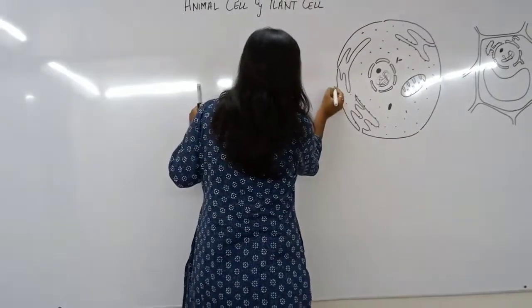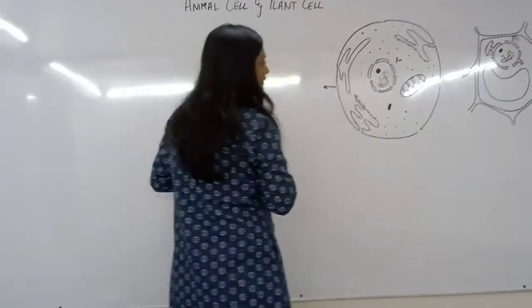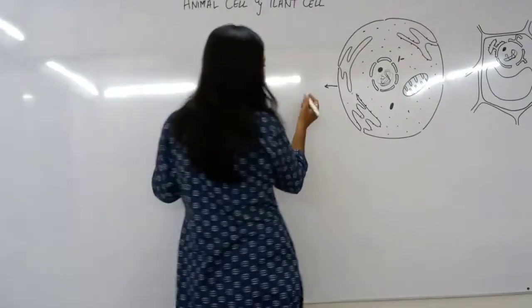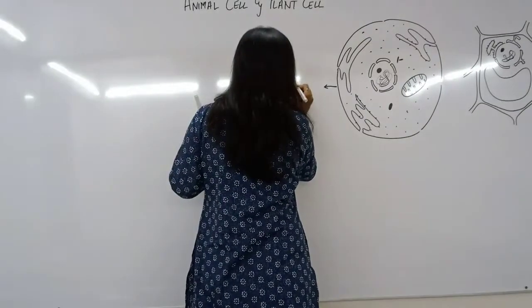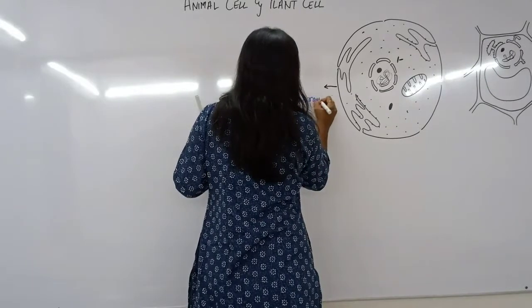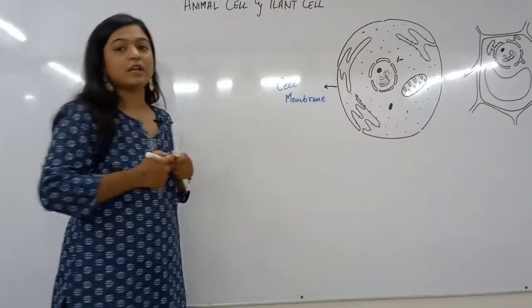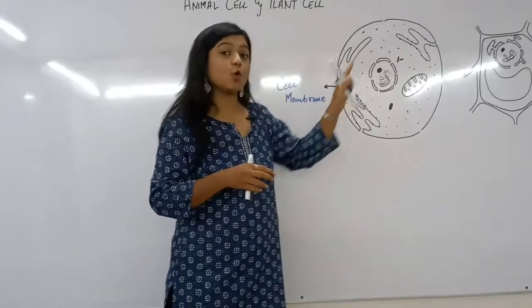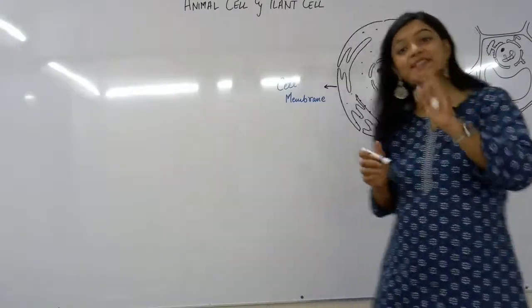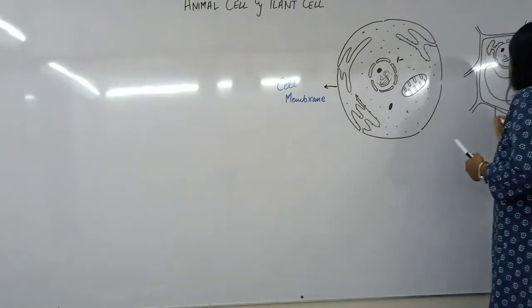Basically, the outermost membrane in an animal cell is called a cell membrane. Now this cell membrane is also present in the plant cell, but in a plant cell this is the second membrane.